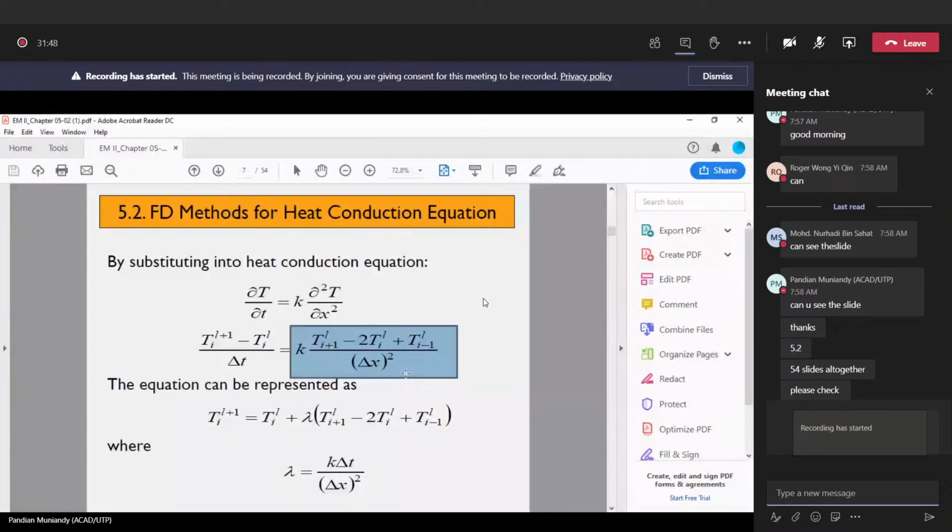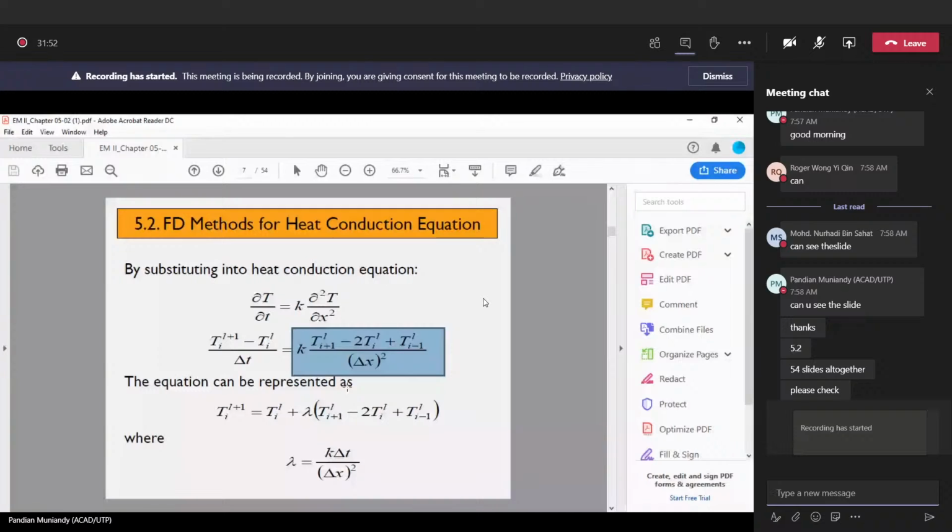So if you rearrange this equation, this is called rearranging. The T superscript L plus 1 should be on the left-hand side, this term, because the L is the level. Later you see the figure. L is the level. The I is for the X: X1, X2, X3, X4 like that.